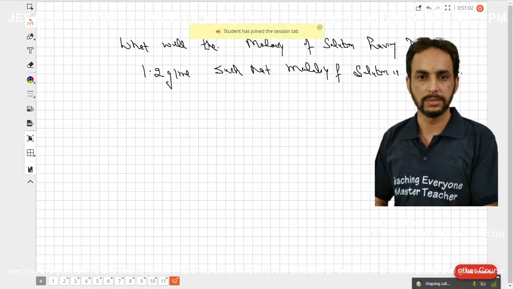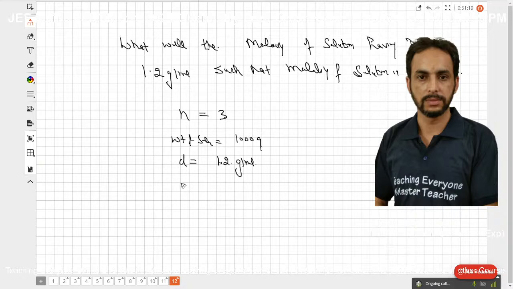So see here, number of moles equal to 3 and weight of solution equal to 1000 gram. Now density equal to 1.2 gram per ml. Therefore, mass upon volume equal to 1.2. We have to calculate volume. So volume equal to 1000 upon 1.2 equal to V. Got it?